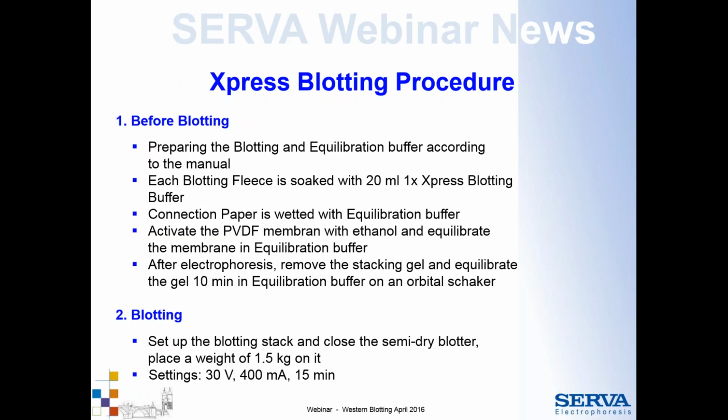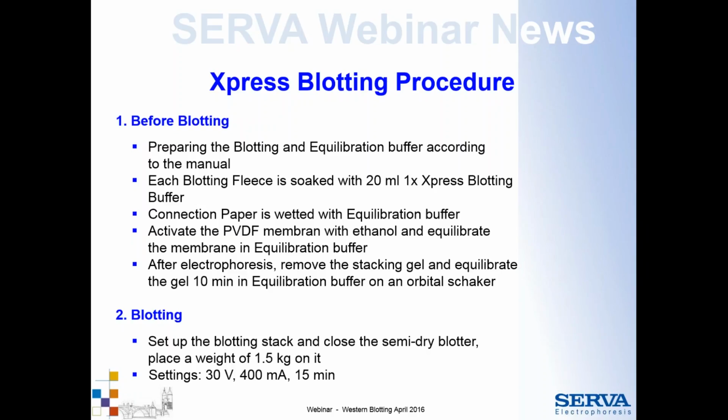And after the electrophoresis, the gel is removed from the unit, and the stacking gel is separated from the separation gel. The separation gel is then equilibrated 10 minutes in the equilibration buffer on an orbital shaker. It is important to remove the stacking gel because it has a very low acrylamide concentration, so it is very fragile and will cause problems during blot processing, like spots on the blotting membrane.